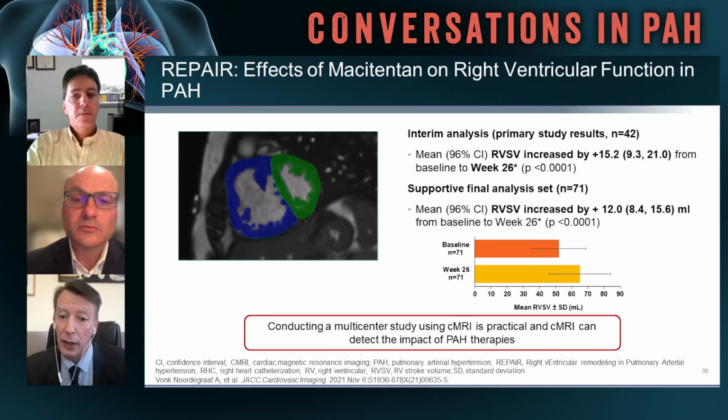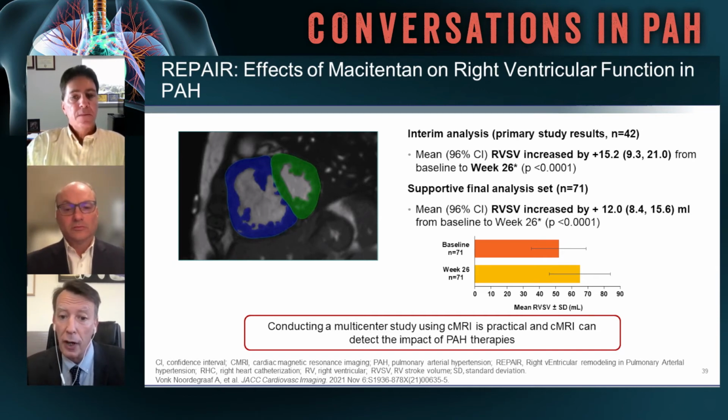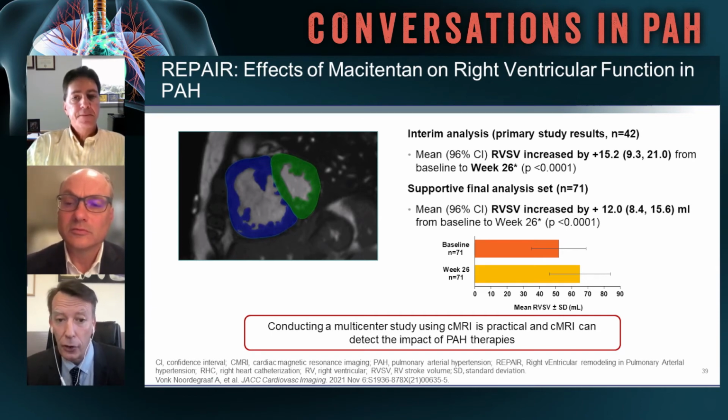And in the article published by Anton van Nodegraaff from the Netherlands on the REPAIR study, he and his colleagues clearly show that with MRI imaging, you can show improvement in right heart chamber geometry and physiology of the pulmonary circulation. I would like to say that this is certainly very promising for the future of our field when MRI will be widely available.